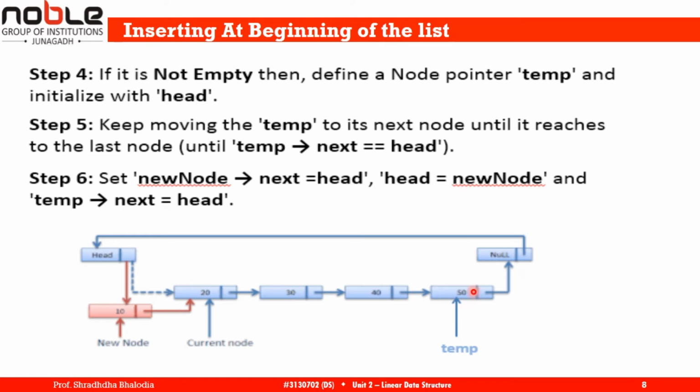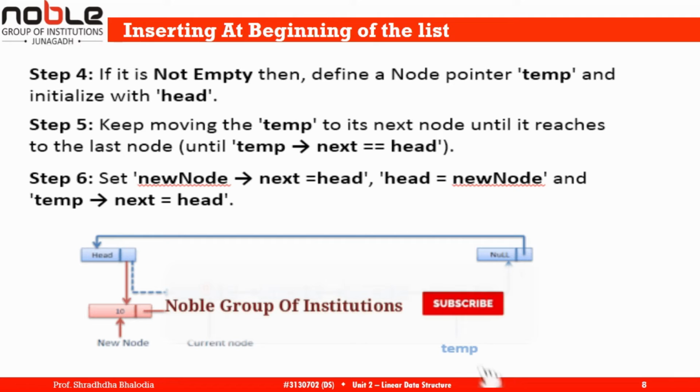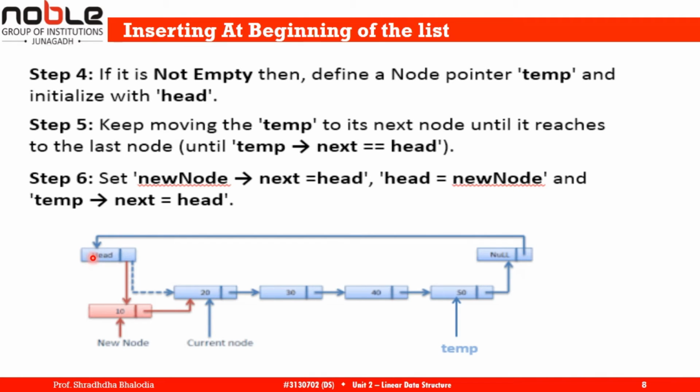Then we can set the last node's next part to the head. Set new node next equal to head. That means we are setting this new node's next part with the address of head. Head is equal to new node. We are updating the address in head with this new node, meaning the element 10's address is in head.